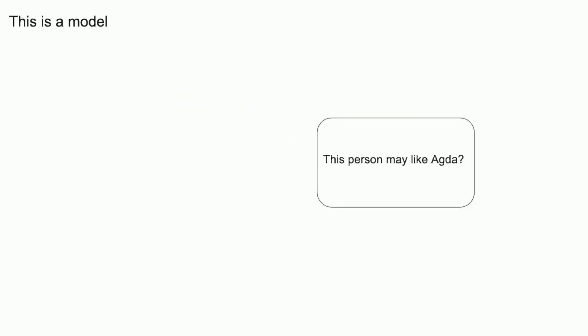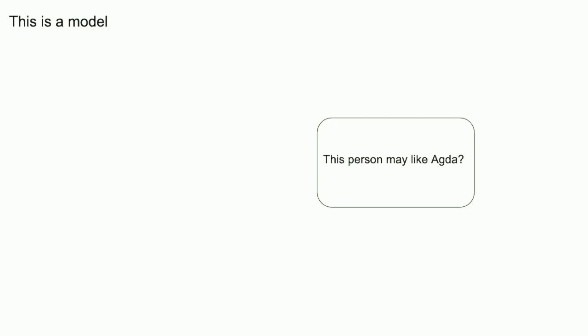So let's say I'm going to teach Agda to some undergrad students. Maybe I want to write a machine learning model to predict how well received my class will be. Basically, this model predicts if this person may like Agda.